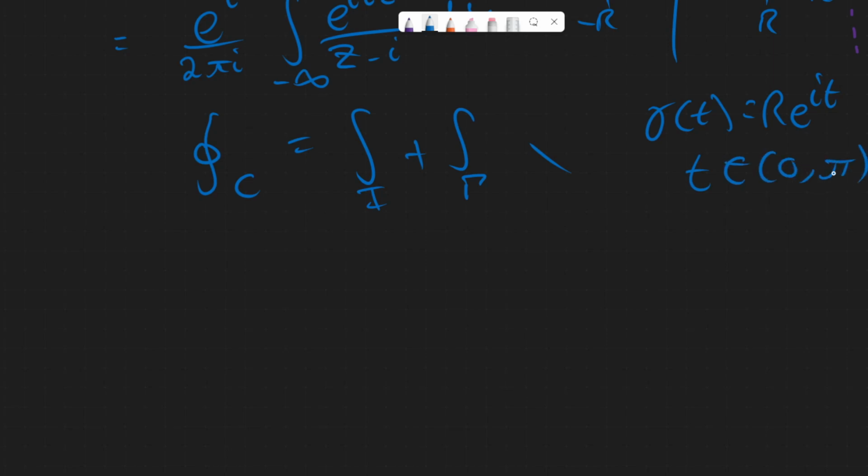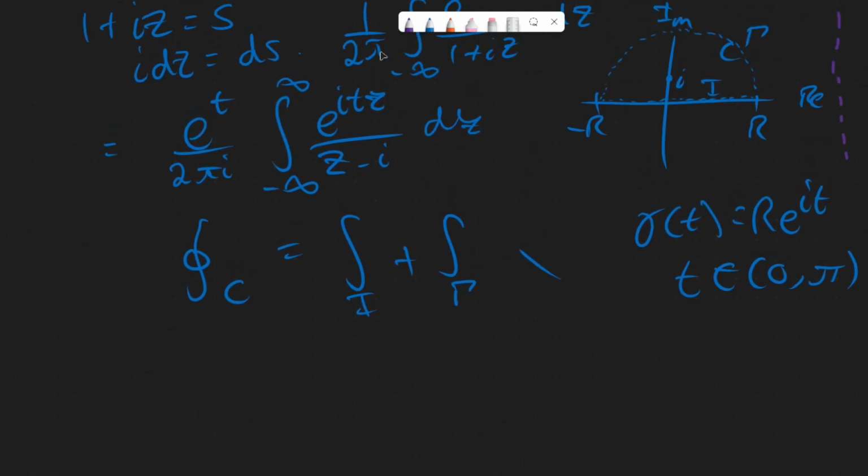That gives us a semicircle. We can use Jordan's lemma and notice that the coefficient of this complex exponential is just 1, and on the bottom we have a linear term, meaning that by Jordan's lemma this will go to 0, which is quite nice. We get that this contour integral is just equal to the original integral.